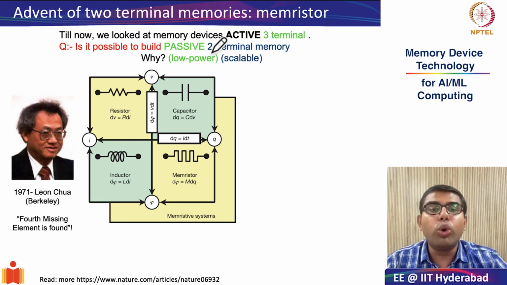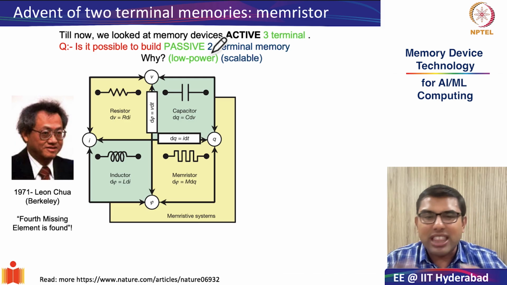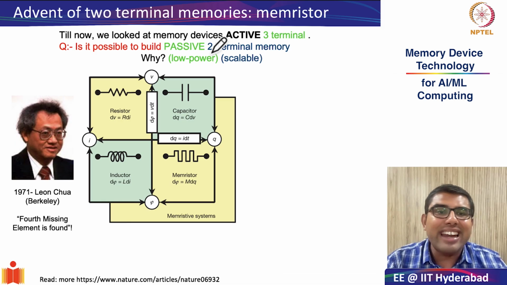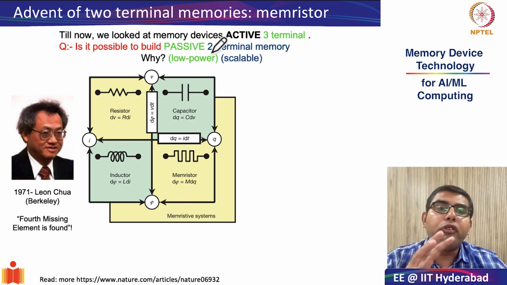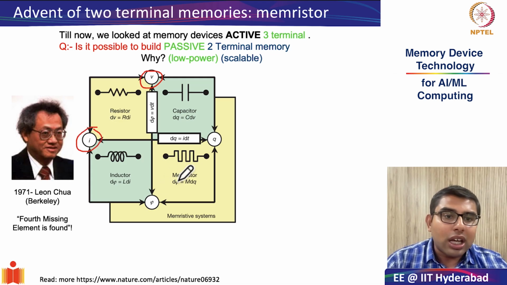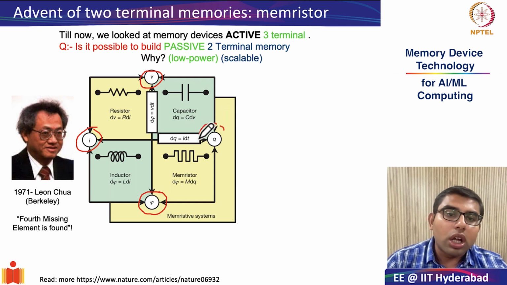So how did he go about doing this? The actual details are a little more mathematically rigorous, but for our purpose, let's look at it in a simpler fashion. Any electromagnetic circuit will have four main parameters. One is your voltage, the electrostatic potential, the next is your current, the third is your magnetic flux, and the fourth is your charge.